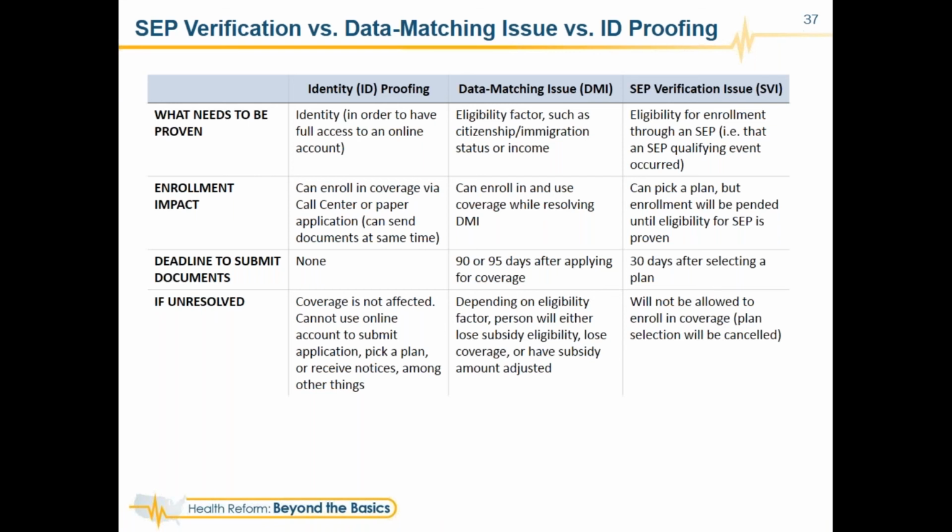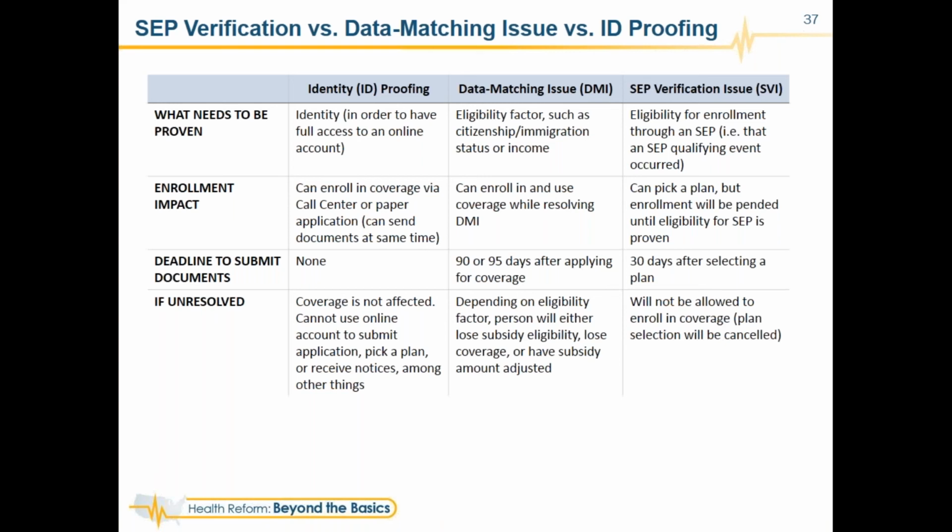Oftentimes from government databases. When the information does not match up, it does not mean that the person is ineligible. It just means that more information will be needed to verify eligibility, and the person is asked to submit documents.